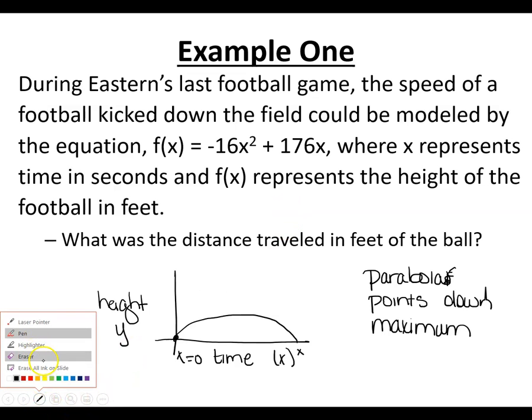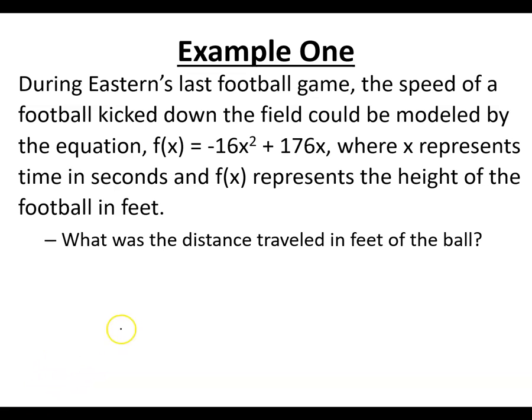We need to know the distance traveled in feet. So we can erase that. It turns out that we can divide both negative 16 and 176 by 16. So we can factor out a negative 16x. We see that both x squared and 176x have at least one x in common.